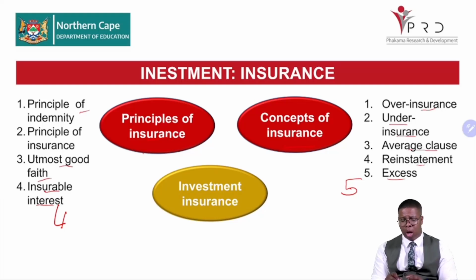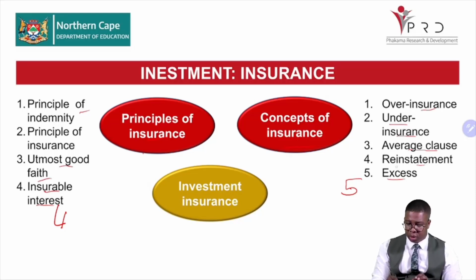And then average loss would be applied when goods are under insured, to say the insurance company will have to calculate. And then we also have reinstatement, which has to do with over insurance, to say when you are over insured, the insurer will then reinstate you, which means returning you to the same financial position as before the occurrence of the loss.